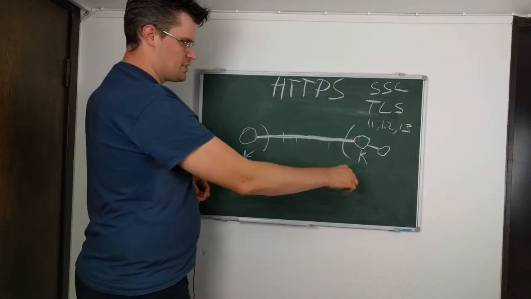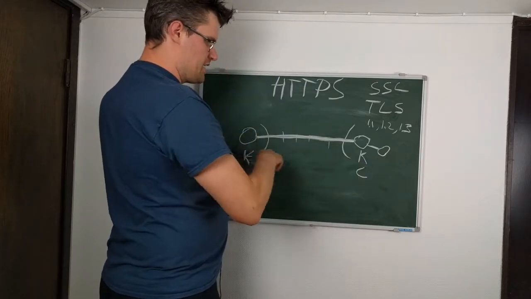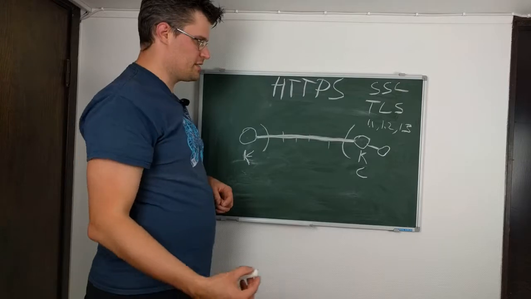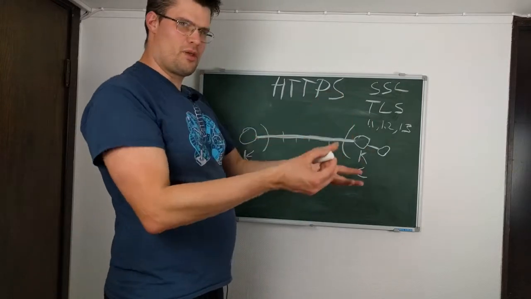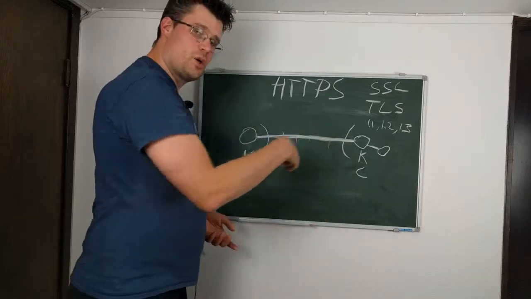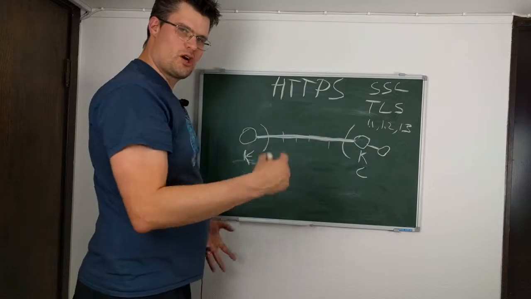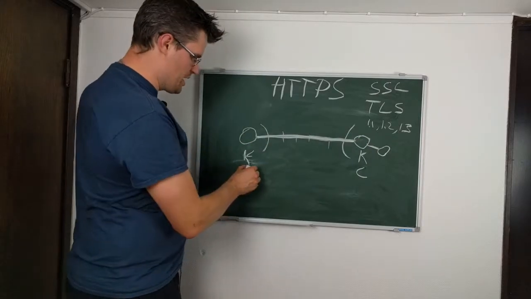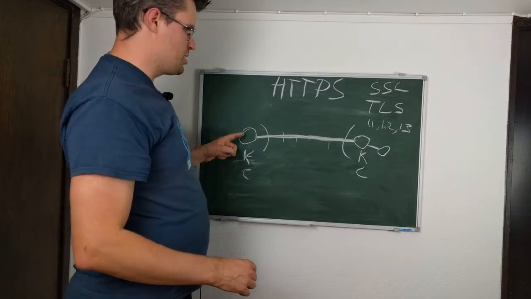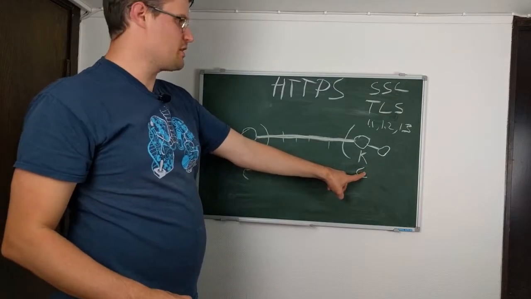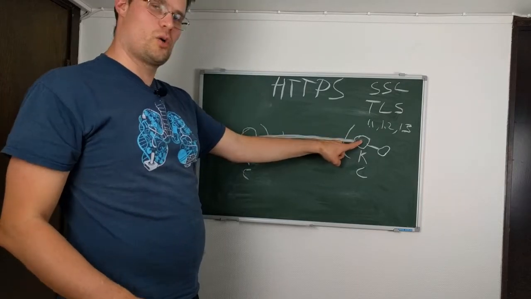And the server also has a certificate that tells us that this is the server we connected to. This certificate is signed by some authority somewhere that we know about, so we can verify that this certificate is this server's certificate. And we could have a certificate to verify ourselves as well, but usually only the server has this certificate, so we know as customers that we are going to google.com and no one else.